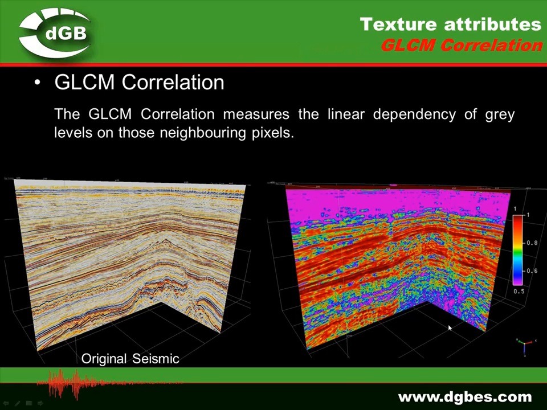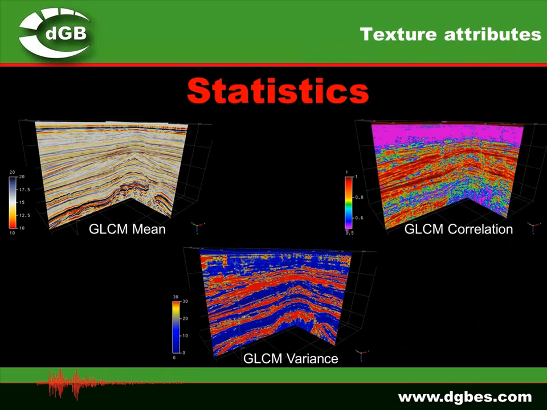So if you compare the different attributes in the statistics group, you see that the correlation gives you a slightly different result than the variance, and obviously from the mean, which is a bit unique.